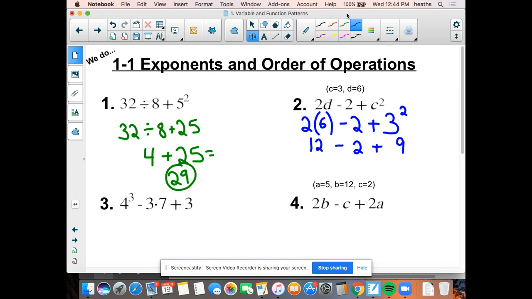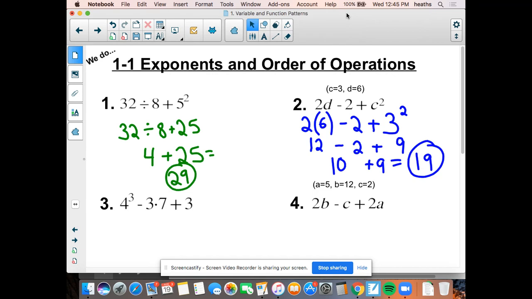So if you're presented with both, like in this case, a minus first and then a plus second, you can do the subtraction first. Let's just go left to right. 12 minus 2 is 10. Drop down your plus 9. 10 plus 9 is 19. So 19 is your final answer.